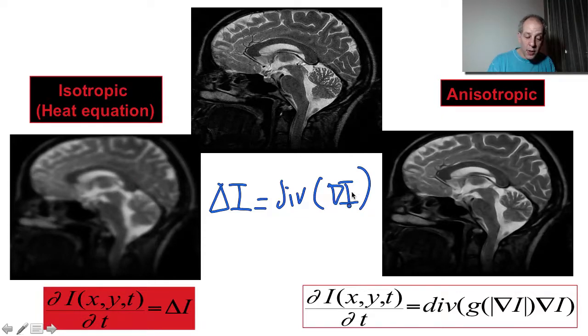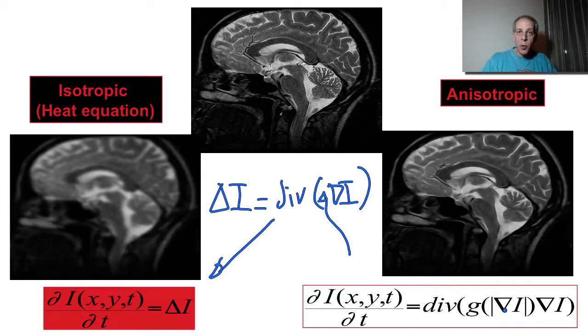So before we take it as here, we introduce a function in between. This is a very similar function to the one that we use for active contours. It's, for example, 1 over the gradient. We're going to see that in the next slide. It's a function that says, wait a second, don't diffuse if there is a strong gradient.